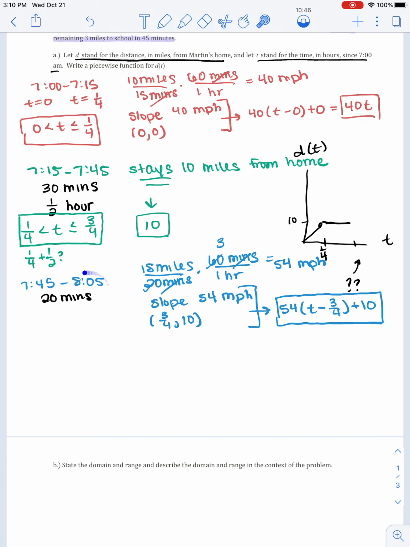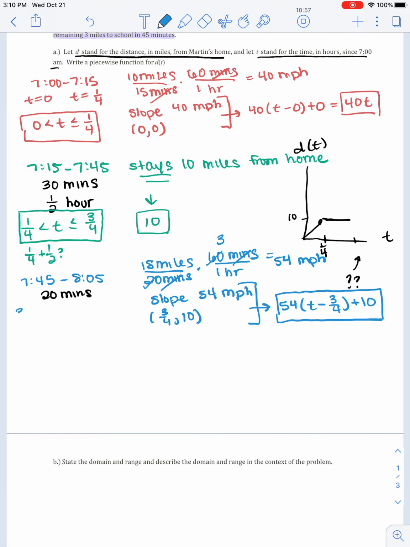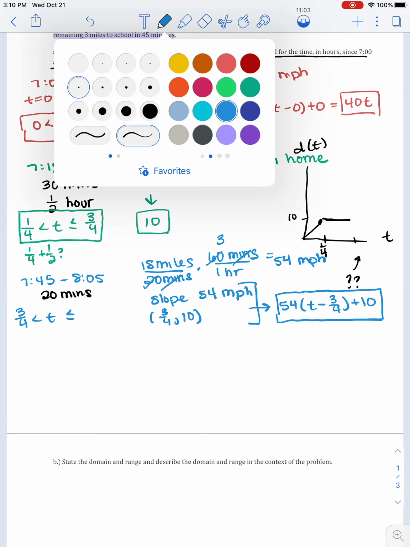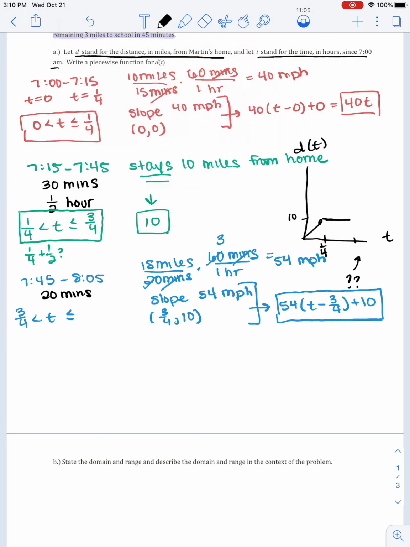We need to figure out what t values this is occurring for. We saw previously that this speeding up in his commute started at t equals 3/4, and it's ending 20 minutes later. So 20 minutes later would be a third of an hour later.